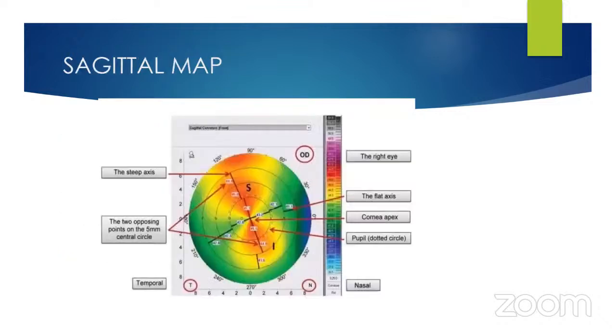So this is the sagittal map, which tells the characteristic features of the anterior surface of the cornea.